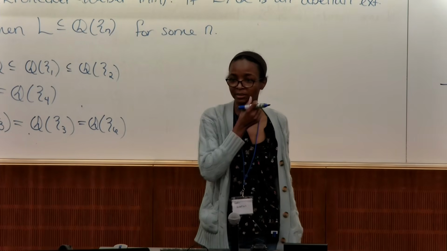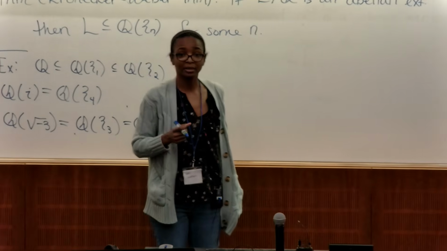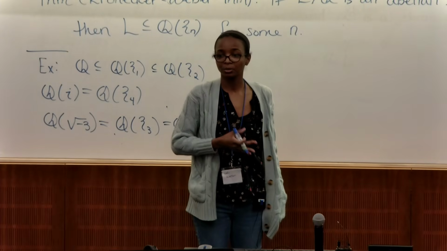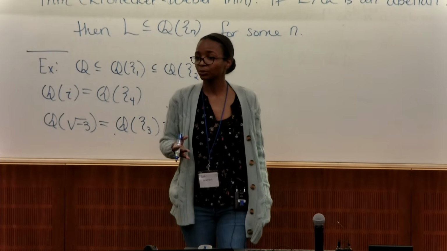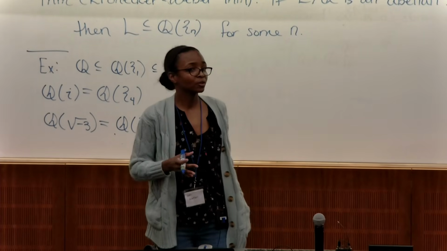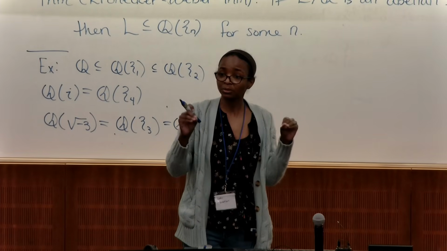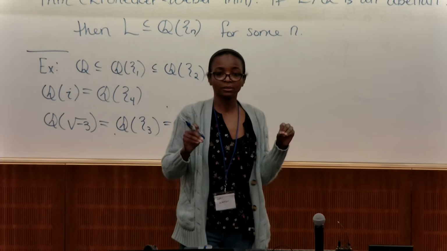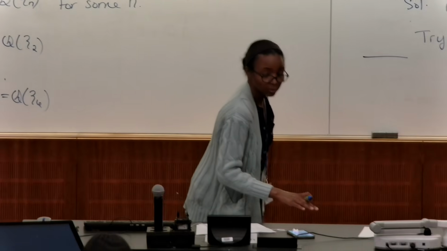I'll tell you the exercise that lets you play with the Legendre symbol to show that certain quadratic extensions live inside of a particular cyclotomic extension. And then one of the things that we'll need to do for the proof of Kronecker-Weber is show that you can reduce abelian extensions to the simplest possible abelian extensions. I will say more about what that means a bit tomorrow, but last 5 minutes.